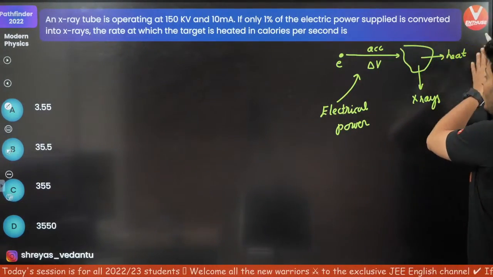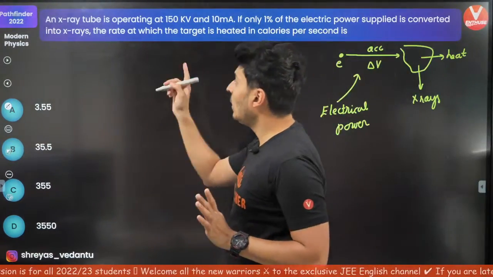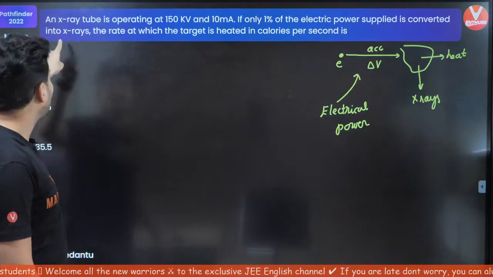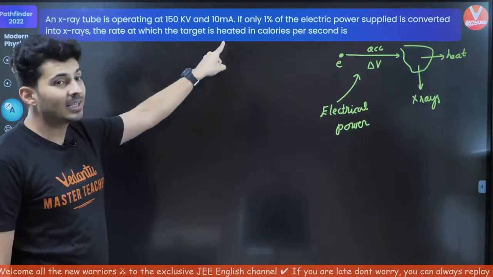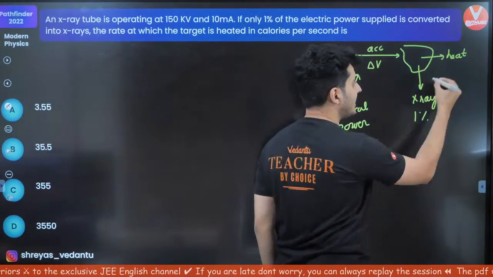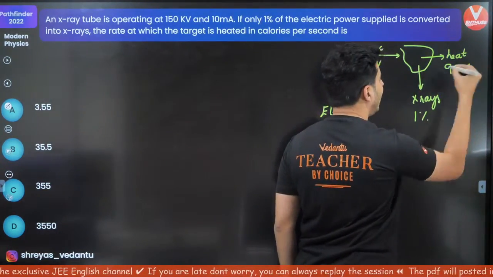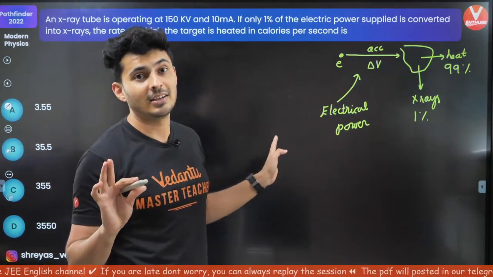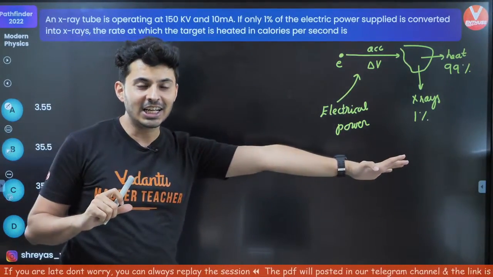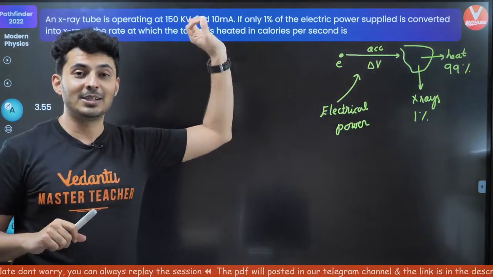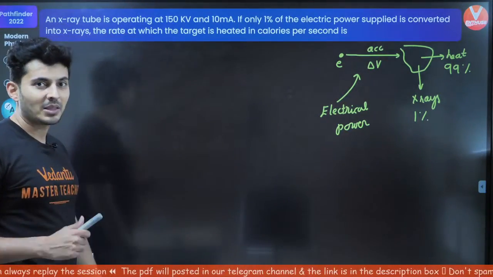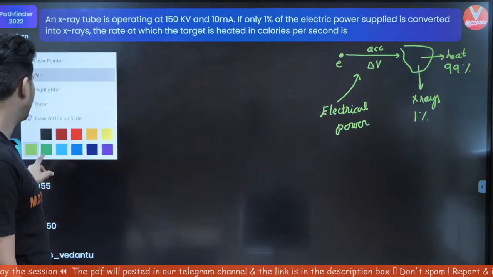That energy goes into heat and X-rays. Now, it is clearly mentioned that only 1% is converted into X-rays. So that means almost 99% is lost as heat. Almost everything. If it gives 100 joules of energy electrically, 99 joules converts into heat. Only 1 joule gets converted into X-rays. Interesting. So let's try to solve it.